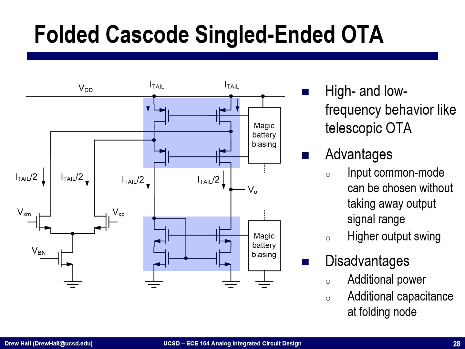All right, so one improvement on this previous structure is what's known as a folded cascode. And so the idea here is that rather than continue to stack these devices, we fold the current into this branch. Okay, and so what the folded cascode does is it takes current and it adds this current into this node.